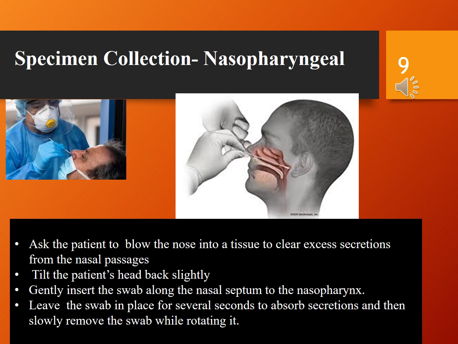Gently insert the swab along the nasal septum to the nasopharynx until resistance is felt. The swab should reach a depth equal to the distance from the nostrils to the outer opening of the ear. Leave the swab in place for several seconds to absorb secretions and then slowly remove the swab while rotating it.